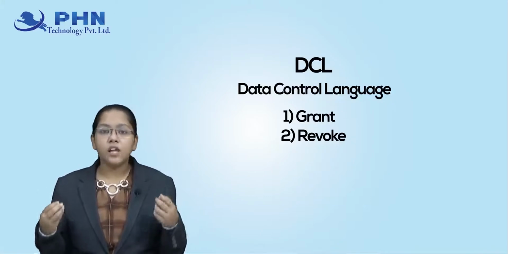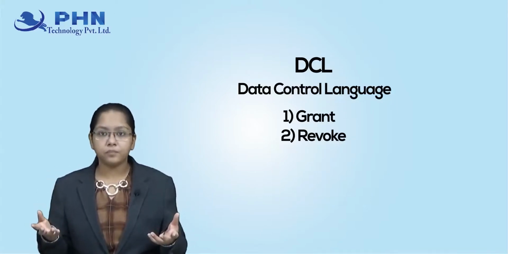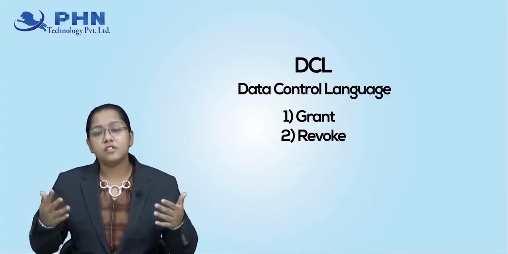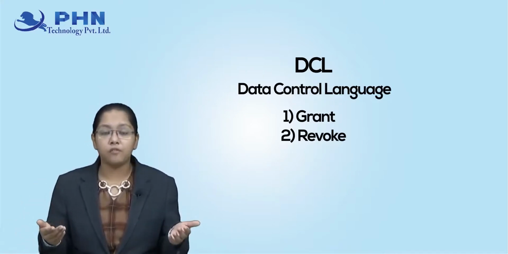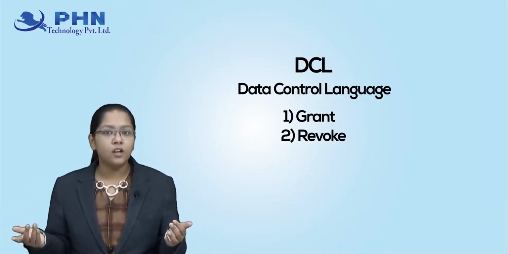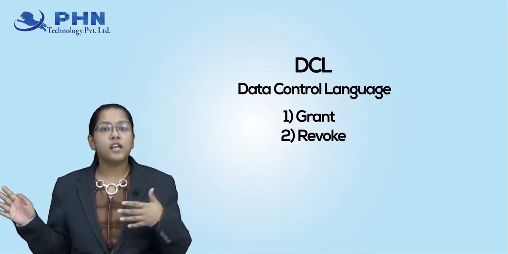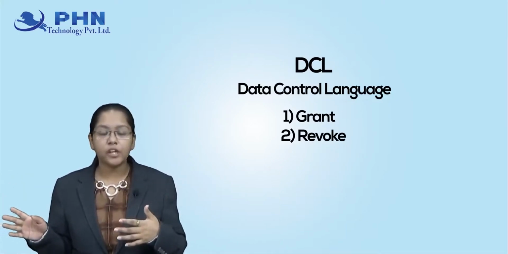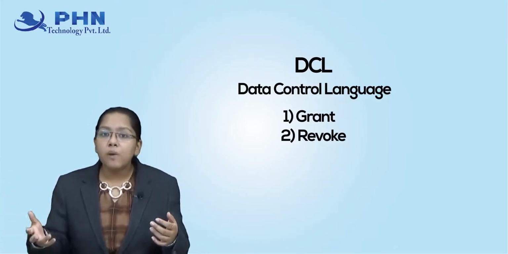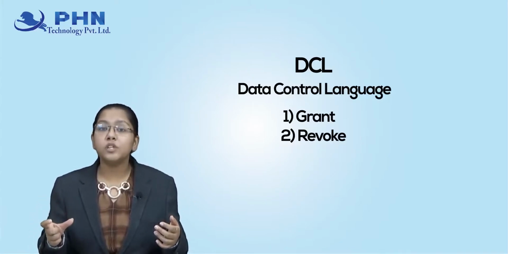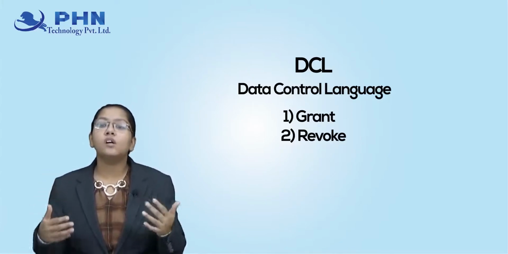Now that I have made my database public, after some days I don't want it to be public. I want it to be protected or private, meaning I want it to be just like it was before. Okay. So at that time, which command will you use? Revoke. Revoke means what? It will undo the permissions.